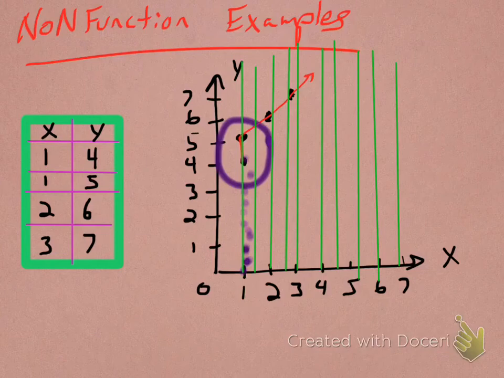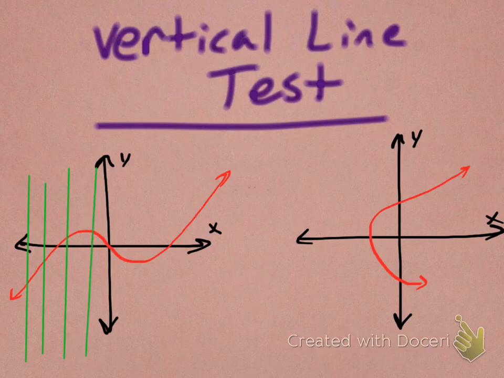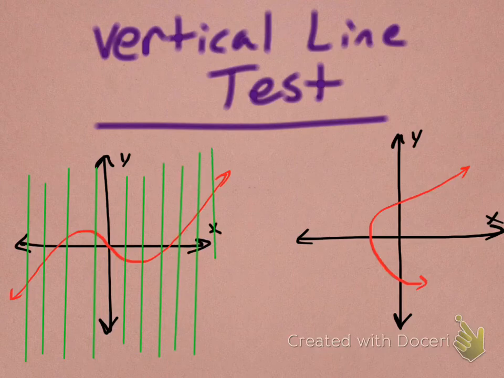So this relation fails the vertical line test. So therefore it's not a function. So let me show you over here. Let's see if this first one's a function. We draw our vertical lines. Every time we draw through the graph, it only crosses the graph one time.